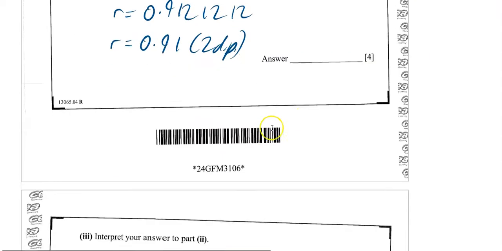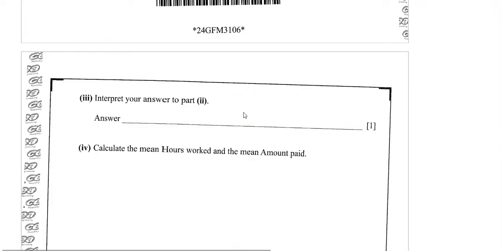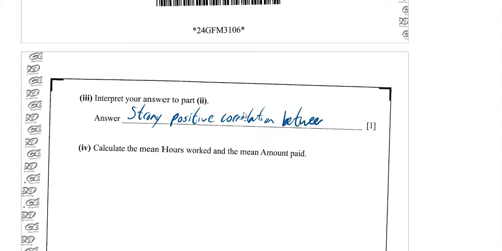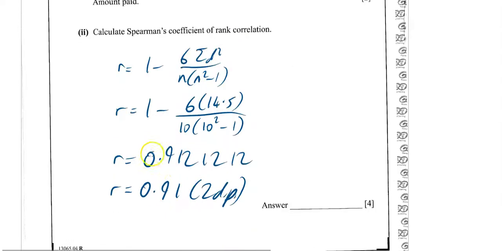Okay. Right. Interpret your answers. So there's a strong correlation between whatever the two variables were, and the two variables were the hours worked and the amount paid.